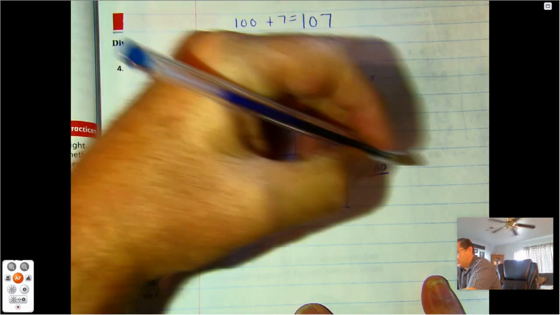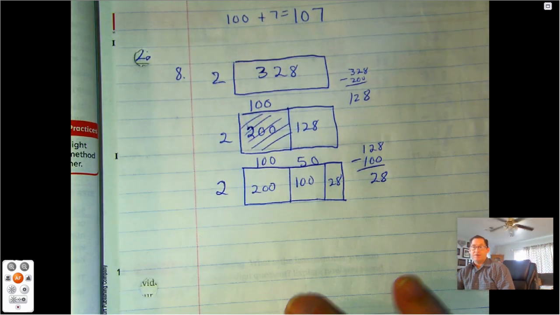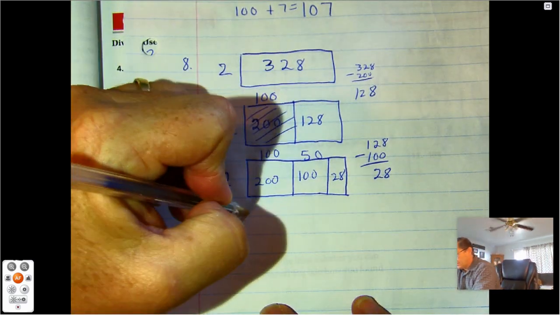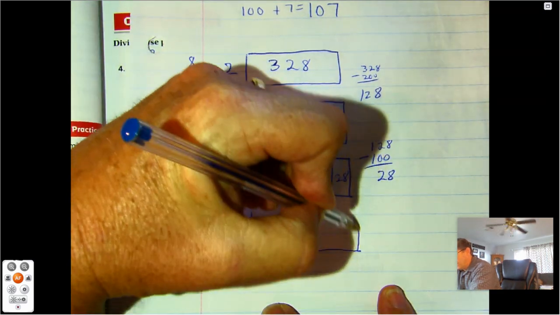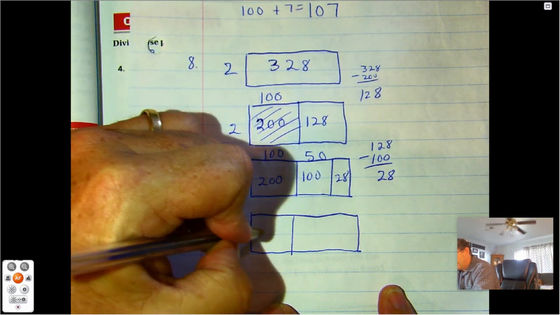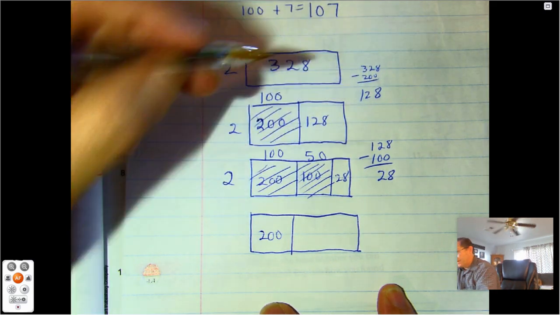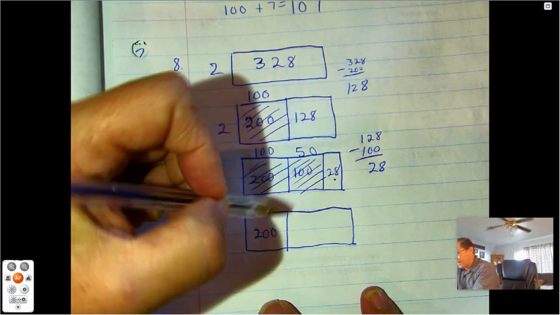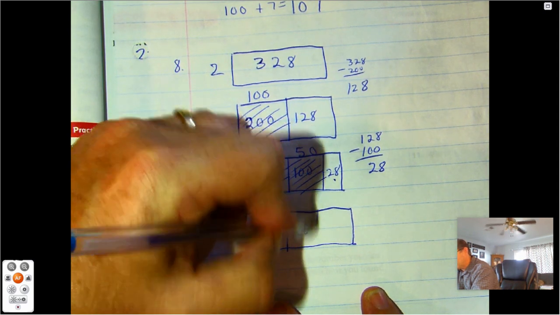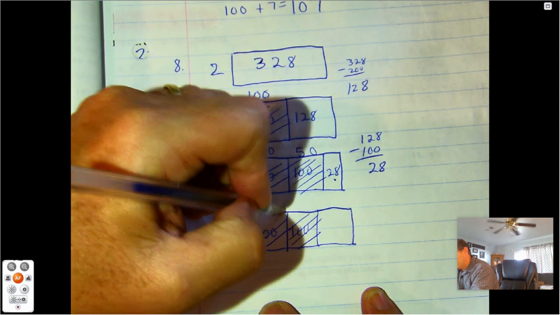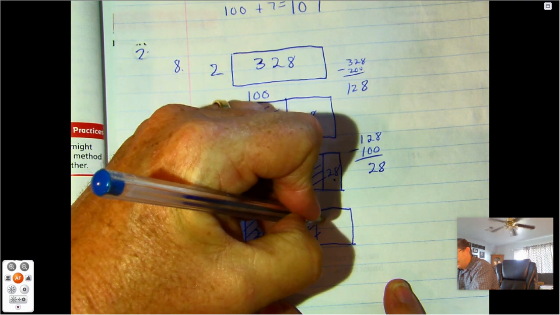And I have a remainder of 28. Well, we can break up the 28. Right? We only have 28 left to divide. I'm going to break that into 20 and 8.